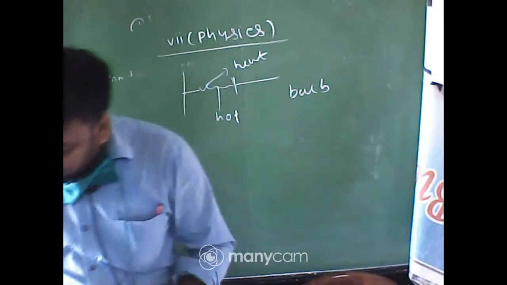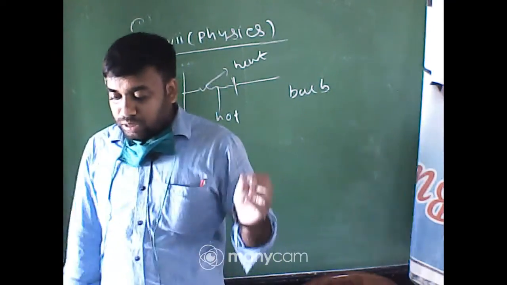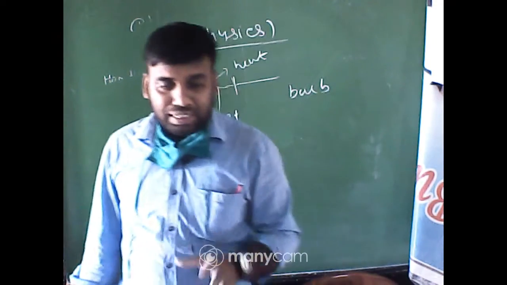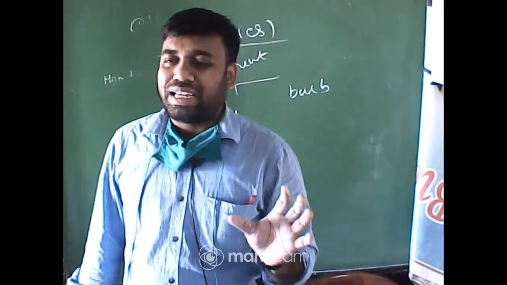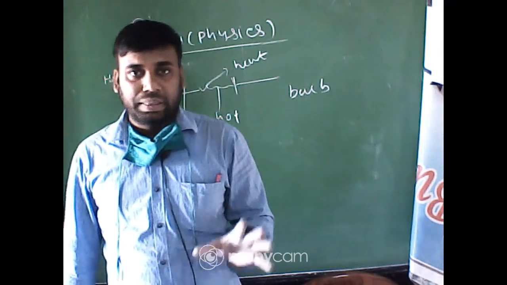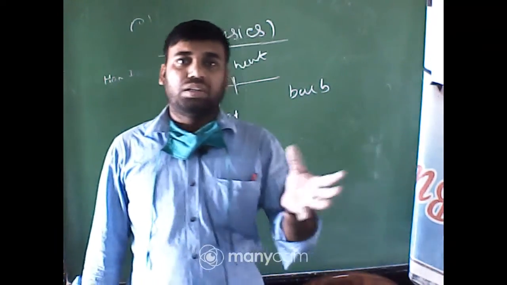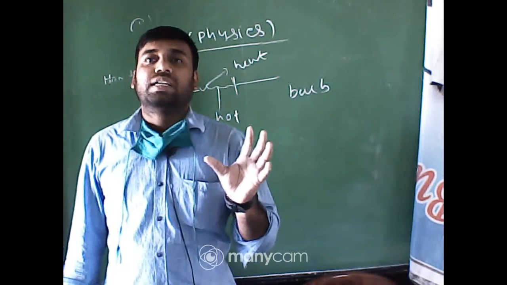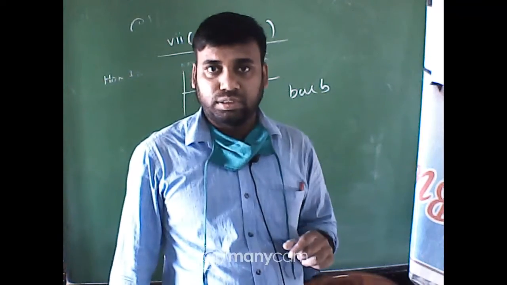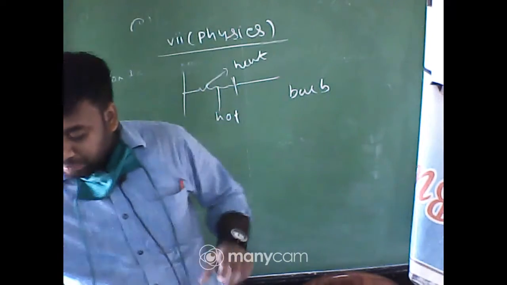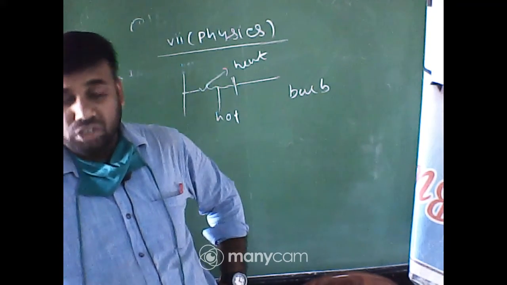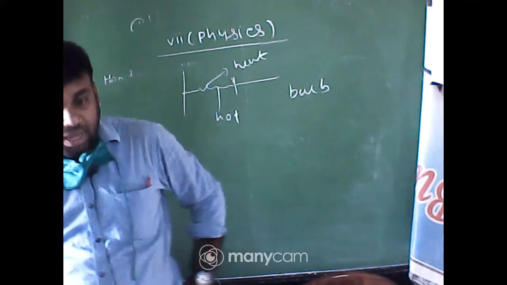When electric current flows over the filament, it becomes hot and starts glowing. So how a bulb emits light depends on the heating effect of electric current. The filament of the electric bulb becomes so hot when electric current passes through it that it starts glowing. That is the bulb principle.